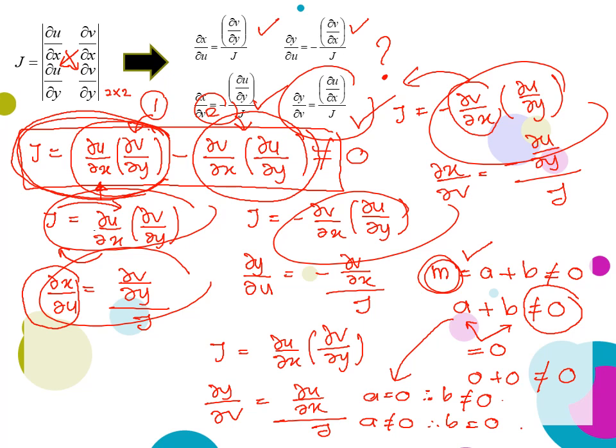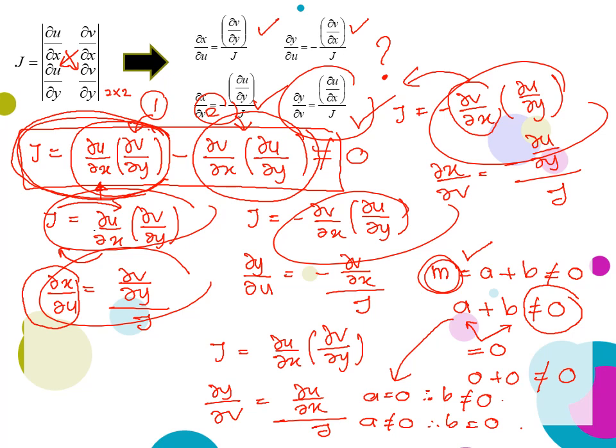So this is what we did to our Jacobian part. In order to solve the equation, one of the unknowns here, one of the terms, whether a or b, should be equal to 0. Same as the Jacobian one.